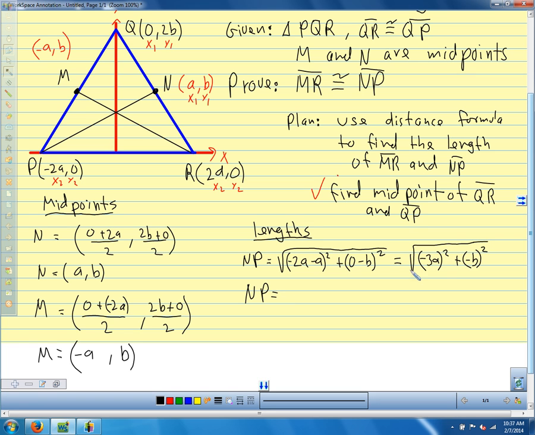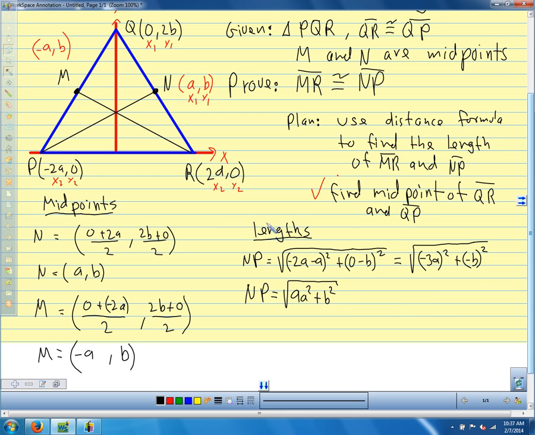Negative 3 squared is 9. A squared is just a squared. Negative b squared, I always get a positive number when I do a square. So this is going to be 9a squared plus b squared, and I'm just going to leave it like that. So I just squared everything inside the parentheses.